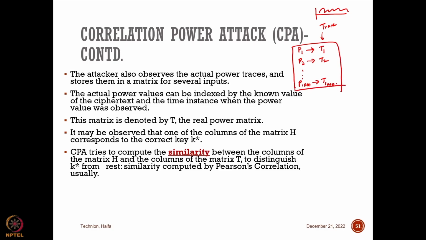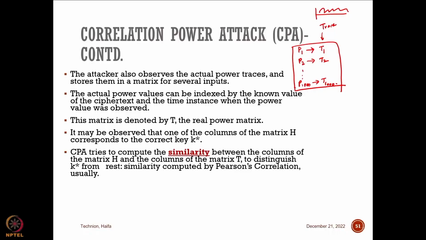The question is how do you store them. We will use a very simple way of storing it: in the form of a matrix. We will have a matrix where every row corresponds to an encryption, and the number of columns stands for the time instances when you have sampled that power trace.